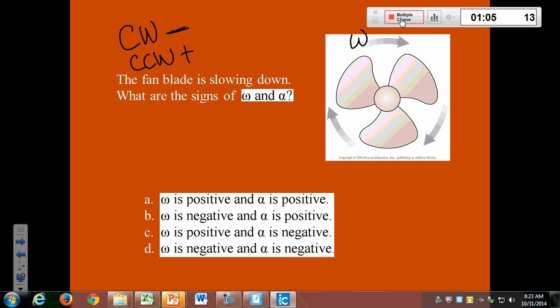Remember that slowing down doesn't necessarily mean that your acceleration is negative. Slowing down is more about how your acceleration is related to your velocity. Is it opposite or in the same direction as your velocity? We had that stuff in chapter 2 about this.